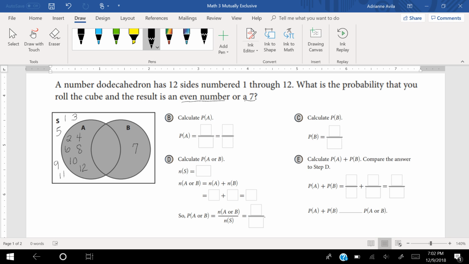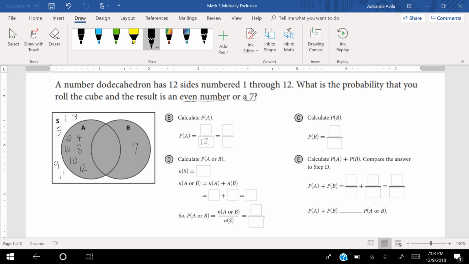So let's calculate the probability of A, the probability that we will have an even number. We have a total of 12 sides, so our denominator, the total number, is going to be 12.